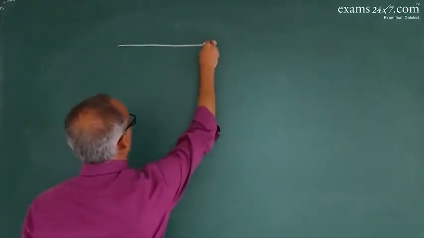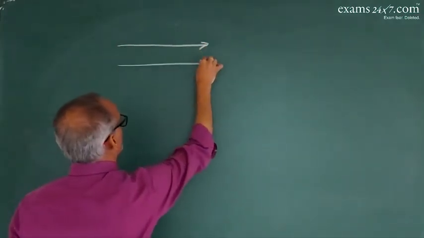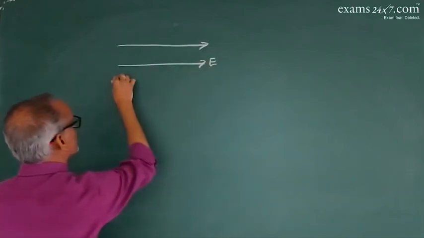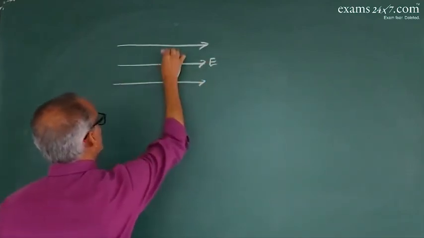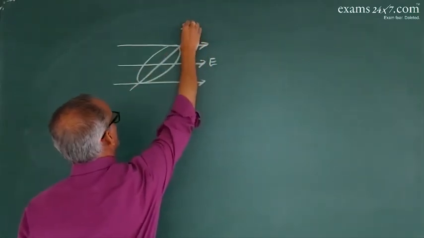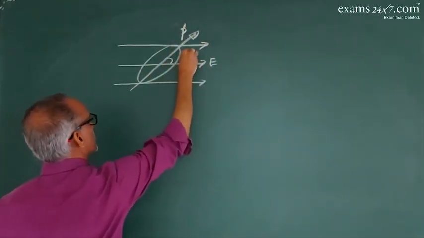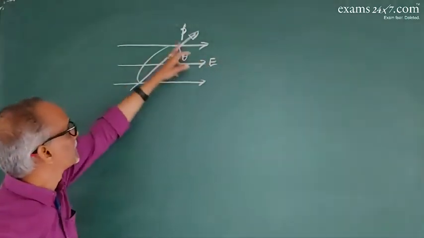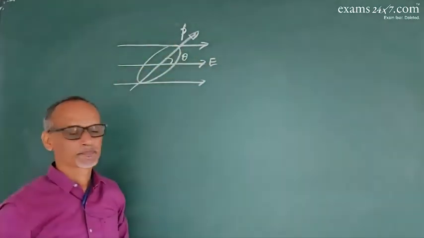If an electric dipole is placed in an electric field, this is the direction of the dipole moment, and theta is the angle between the dipole moment and the electric field.